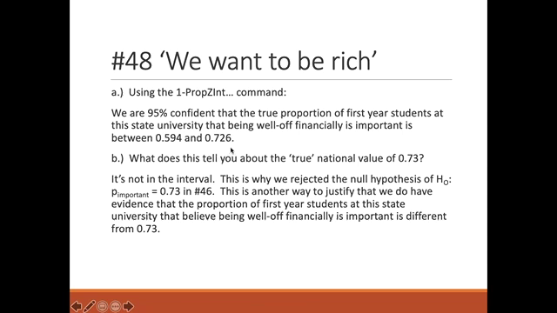We have evidence that the true population proportion can't be 0.73 because 0.73 is not in the confidence interval. So that corresponds to rejecting the 0.73 in the previous significance test. Why did we reject the 0.73? Because we believe in that significance test from the low p-value. We believe we have evidence of the alternative. We have evidence that the true proportion is different from 0.73.